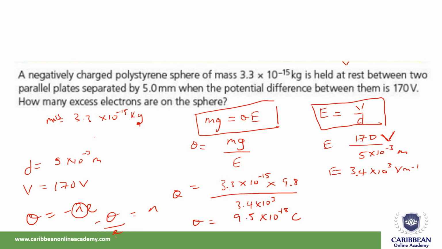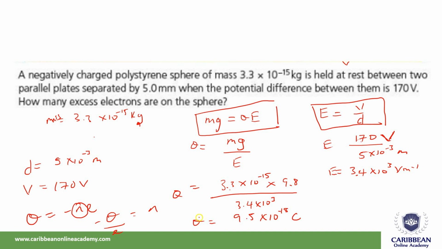But let me just confirm something here. 3.3 e to the minus 15 times 9.8, divided by 3.4 e to the 3. Yeah, so dividing that now by 1.6 times 10 to the minus 19.